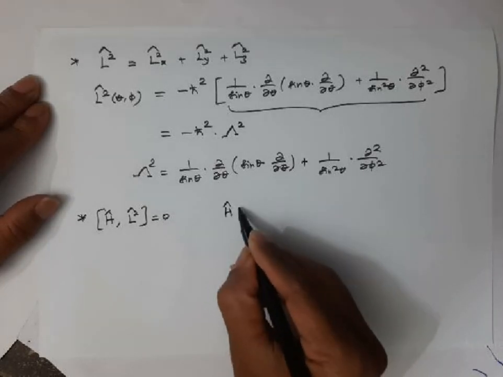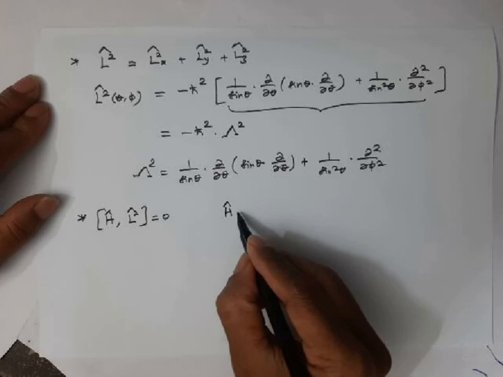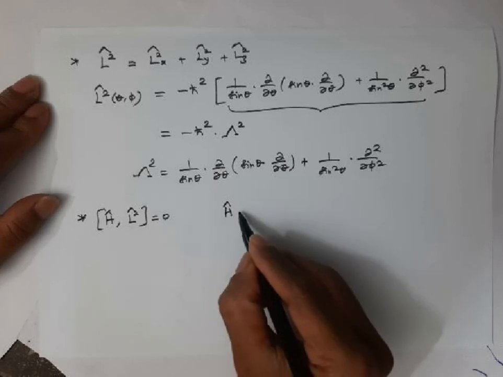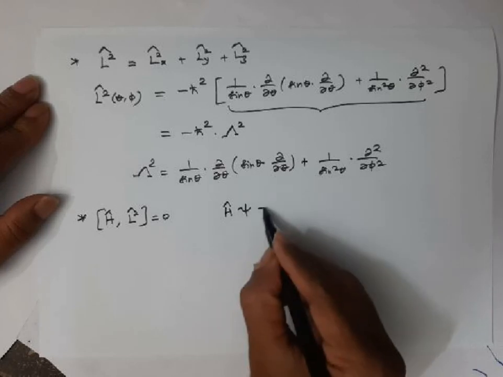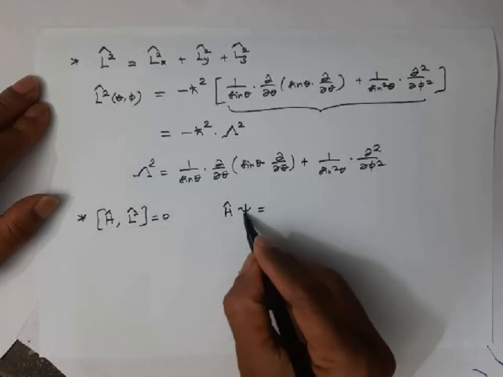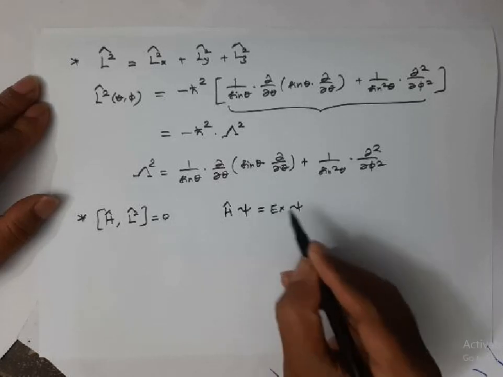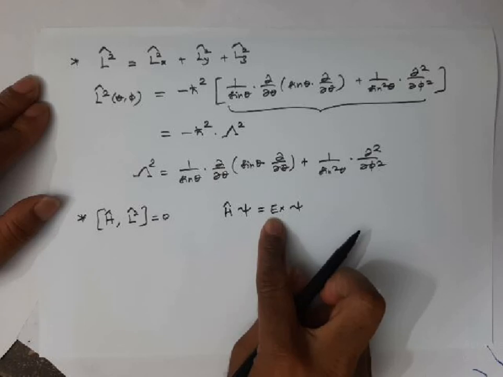See, there is a function which is an eigenfunction of the Hamiltonian operator. Let me write this as psi. What is an eigenfunction? When you apply the operator on the function, you get the same function multiplied by the eigenvalue. For the Hamiltonian operator, the eigenvalue is energy.